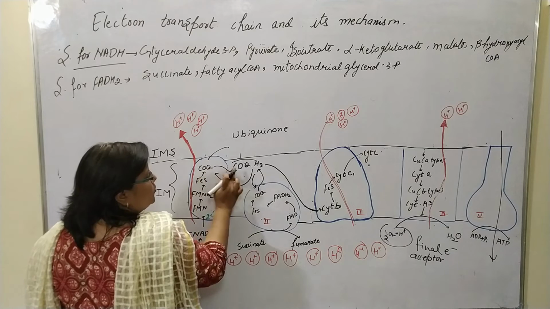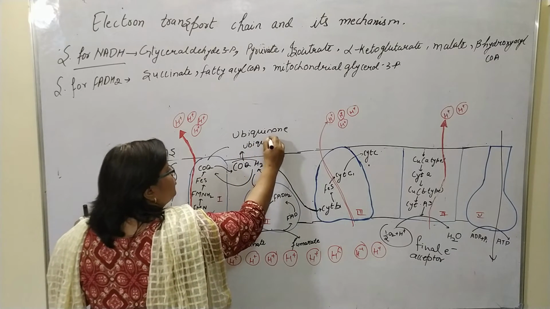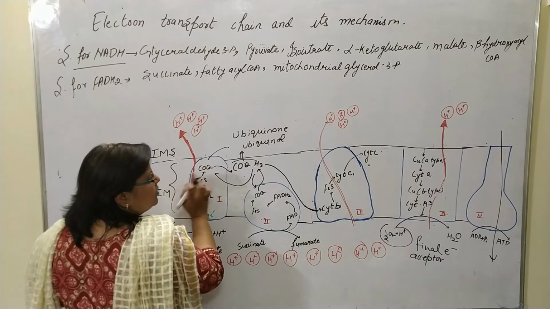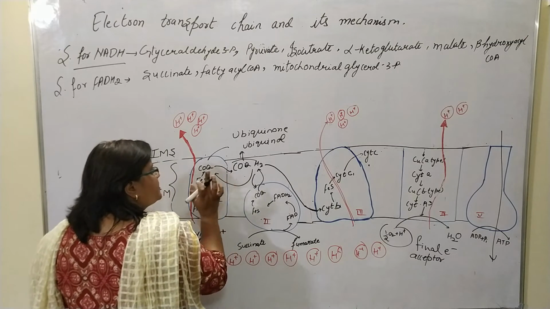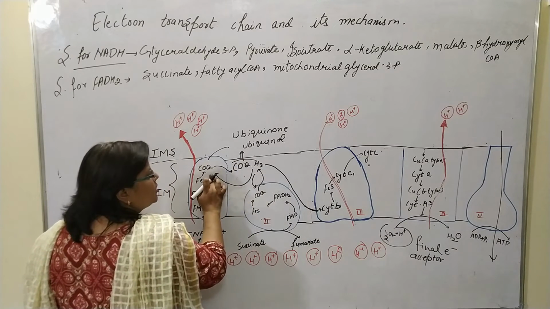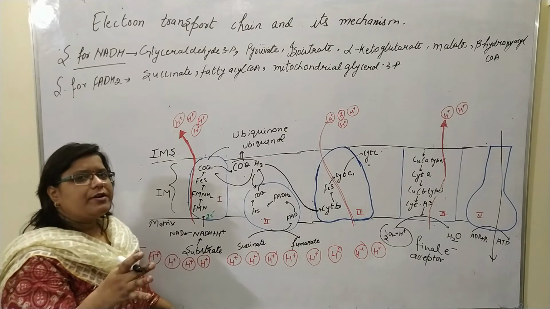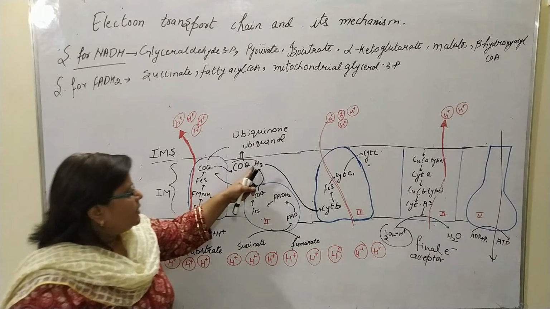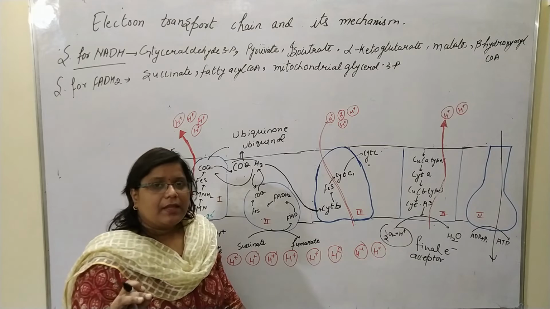After taking the 2 electrons, this form is known as ubiquinol. The ubiquinone is converted into ubiquinol, which returns back to ubiquinone, and throws these 2 electrons into cytochrome B.